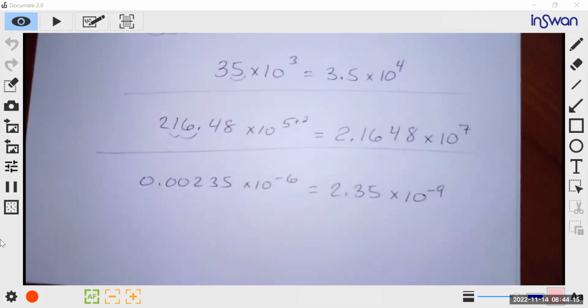Very good. Because we have to add 3 more spaces, it has to travel.